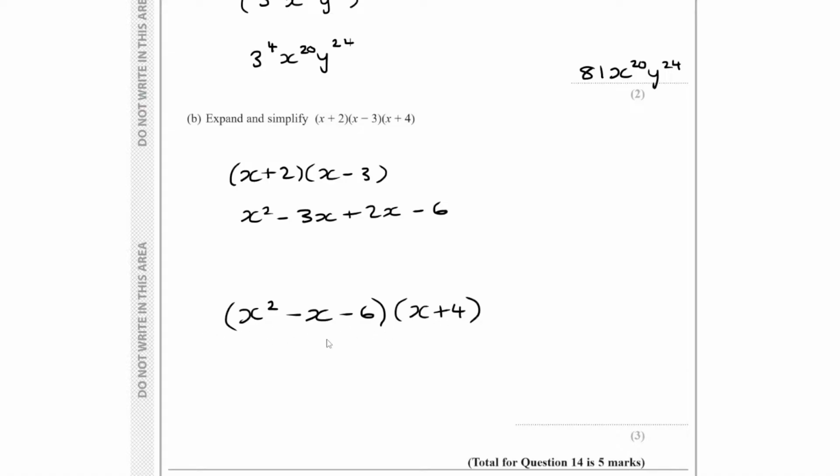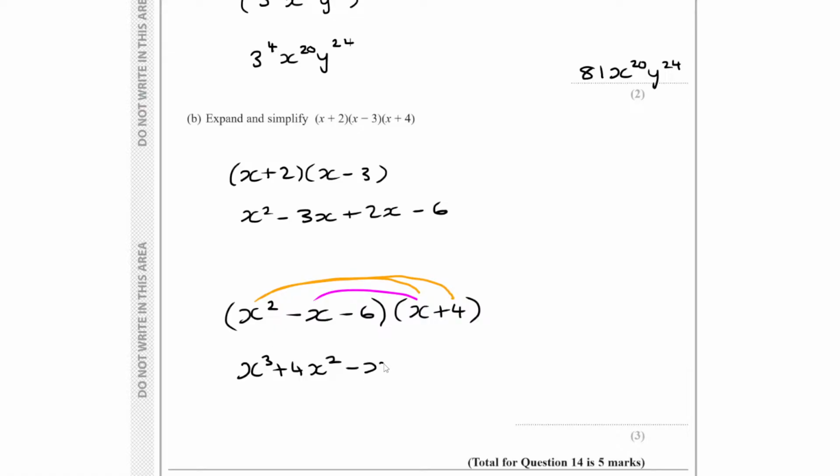Now some people multiply this in a different order. I like to do it like this. So each of these 3 terms I'm going to multiply by both of the terms in the second bracket. Some people do it a different way, that's fine. So I get x cubed, and then I'll do the x squared again, but this time by the 4. So that's 4x squared, and then I'll move on to the next one, negative x, times x.